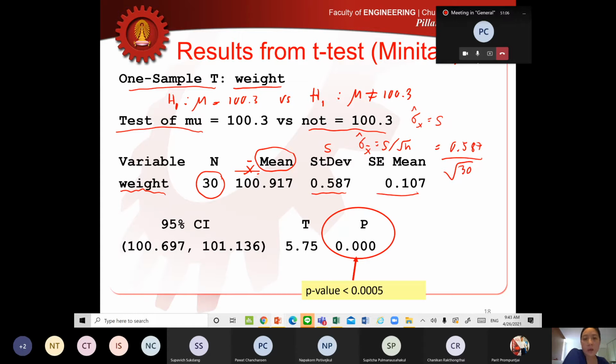Each x variable has the standard deviation of S, but when we calculate an average, that average is also a random variable. And if we repeat this kind of experiment for the second round, third round, we will obtain other x bar values, and those x bar values are also random variables which have this much standard deviation.